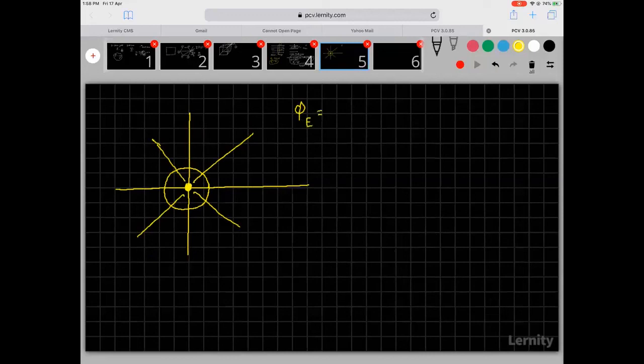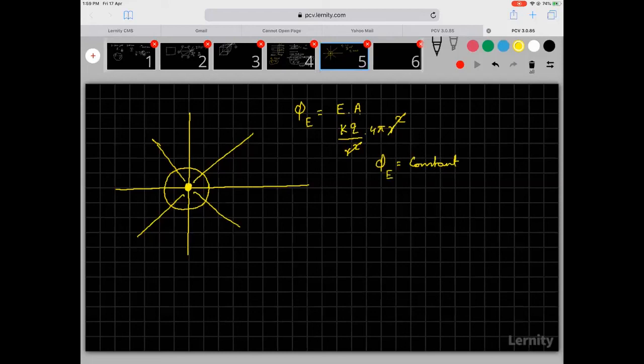The electric flux will be E into area. What is E? From Coulomb's law, it is KQ by R squared. What is area? Area is 4 pi R squared. Do you see that this R squared gets cancelled? So do you see that the electric flux there is equal to a constant?